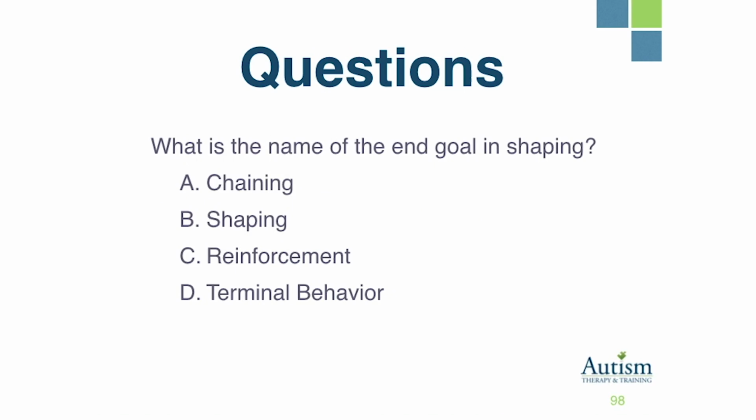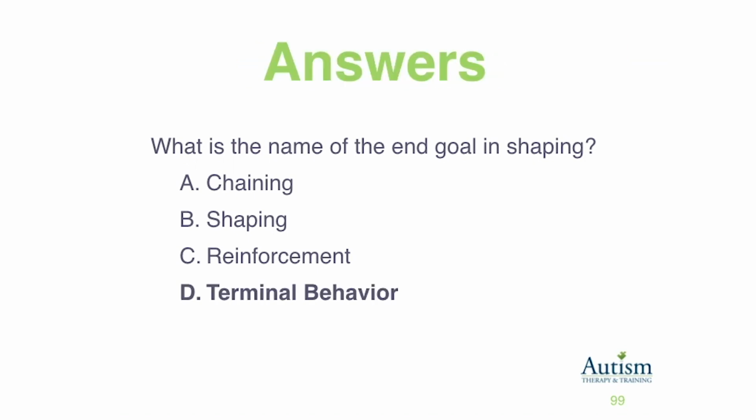What is the name of the end goal in shaping? A, chaining, B, shaping, C, reinforcement, or D, terminal behavior? And the correct response is D, terminal behavior.